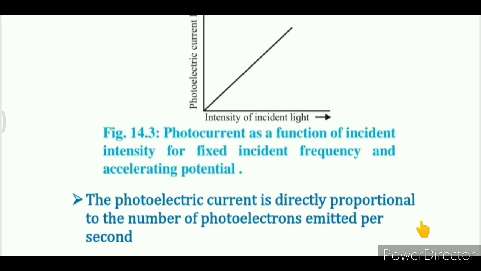As this is directly proportional to the photoelectric current, this implies that the number of photoelectrons emitted per second is directly proportional to the intensity of incident radiation.